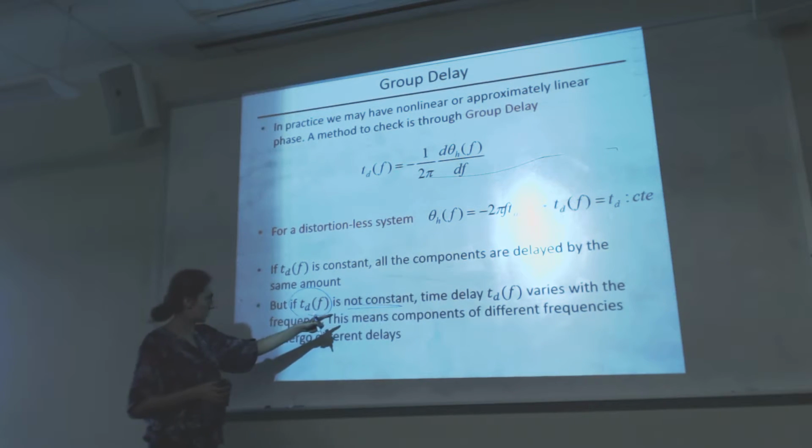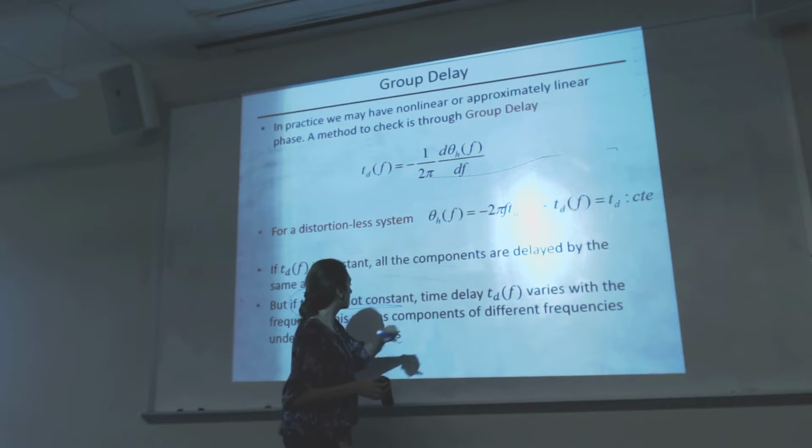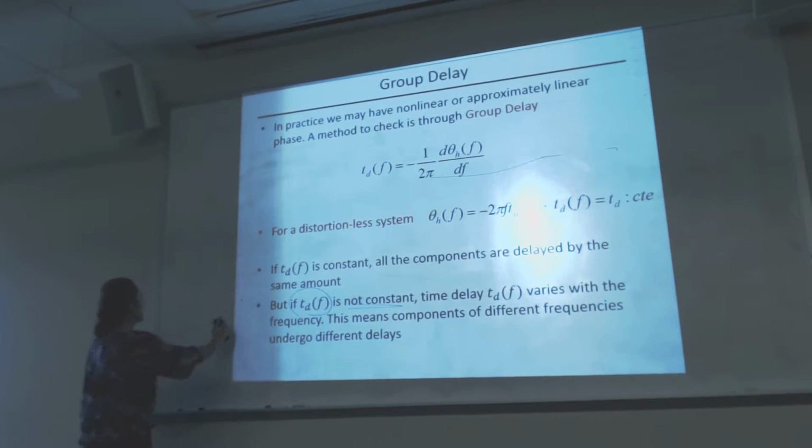TD is a function of f. If it's constant, it means that if you apply any frequency, all the frequencies are delayed by the same amount, let's say 1.